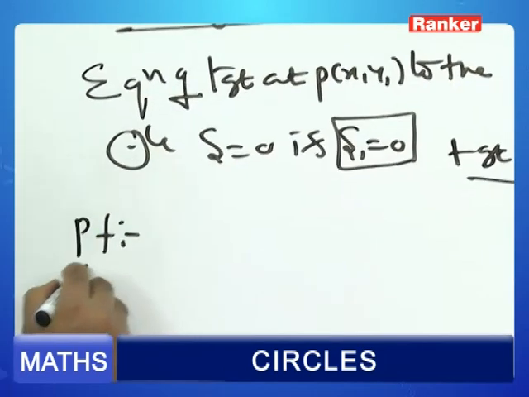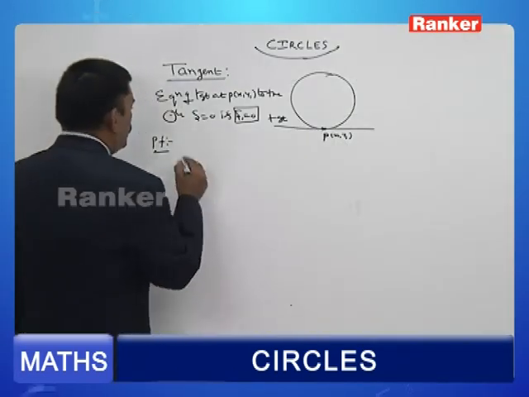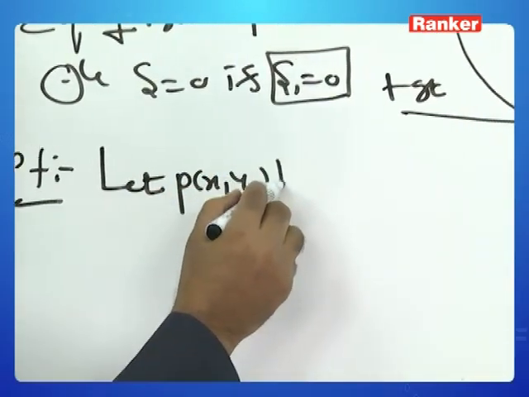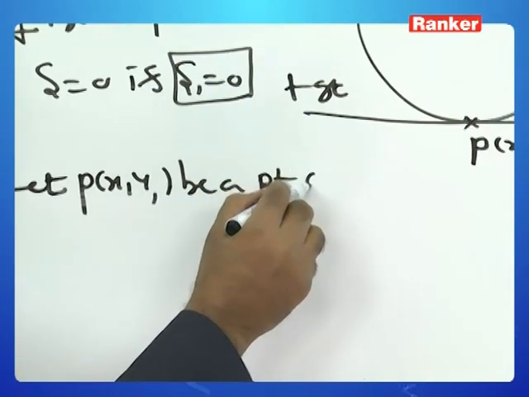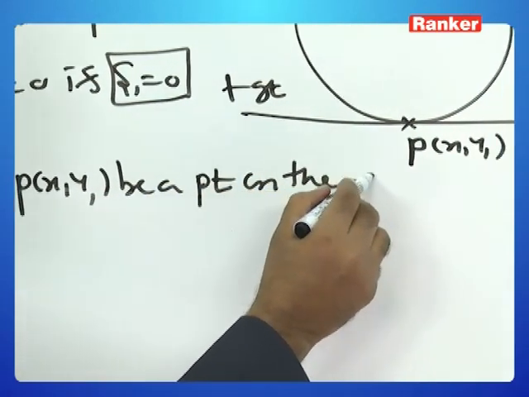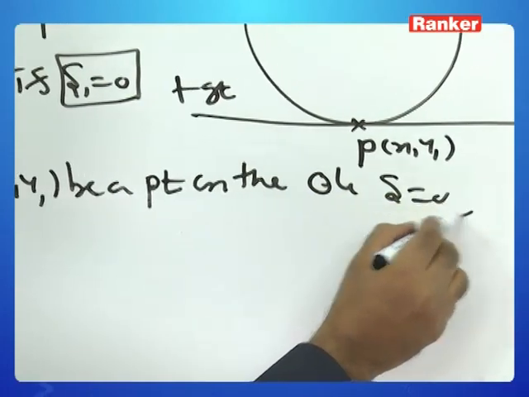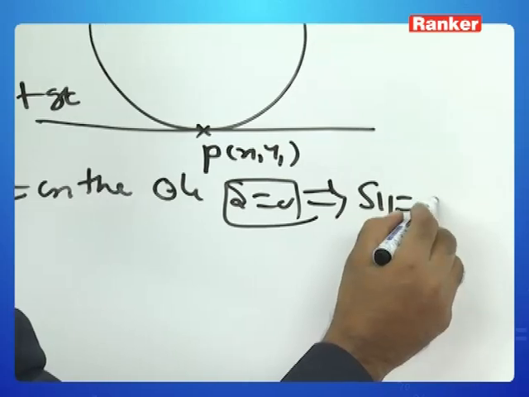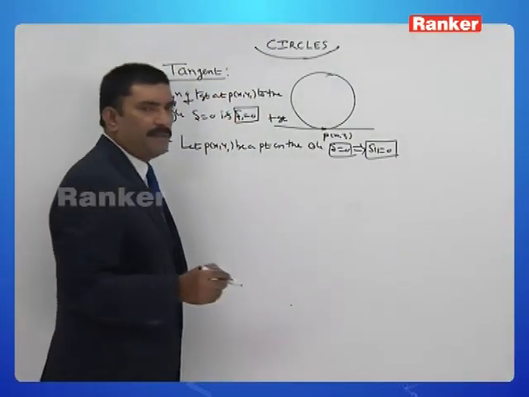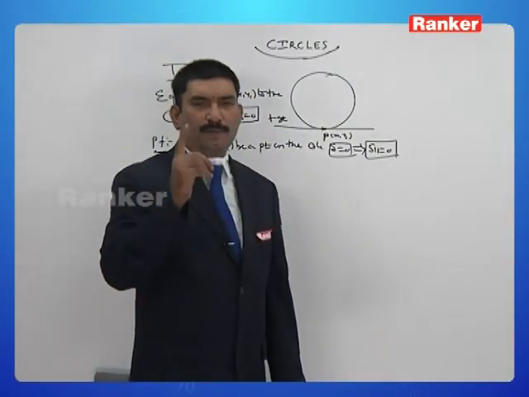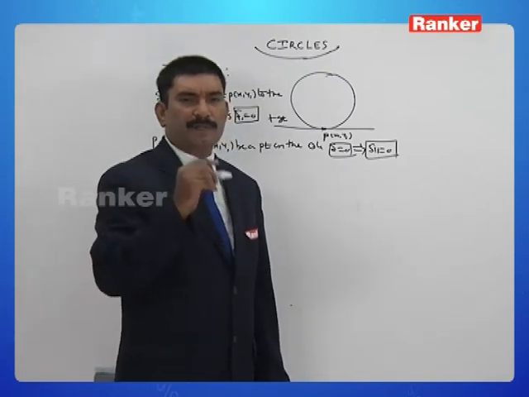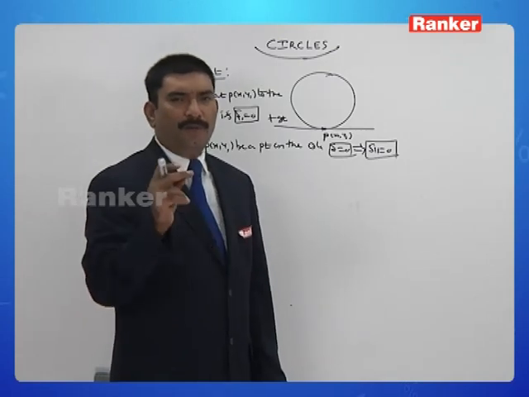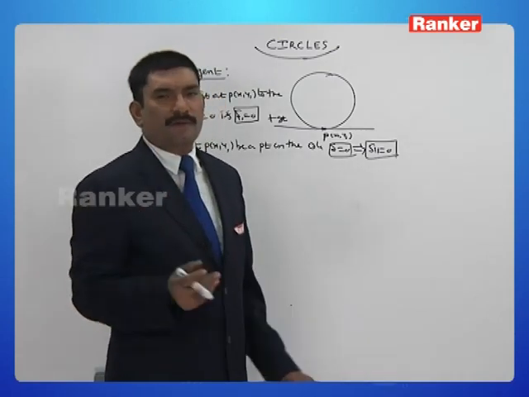Let P of x1 comma y1 be a point on the circle S is equal to 0, which implies S11 is equal to 0, that is, x1 square plus y1 square plus 2gx1 plus 2fy1 plus c. Whenever you want, you can make use of it, otherwise not necessary.